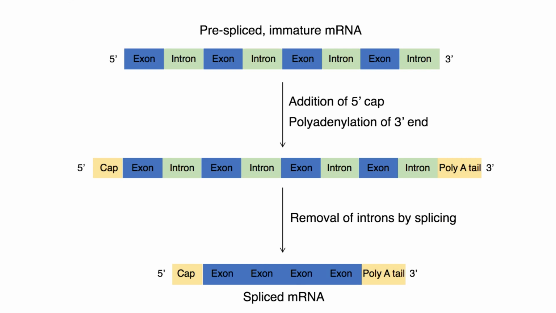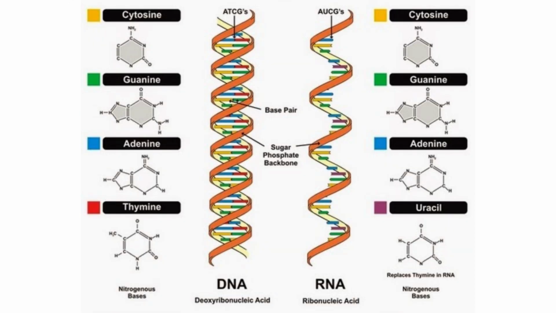In addition to splicing, both ends of the mRNA molecule are processed. The 5' end is capped with a modified guanine nucleotide. At the 3' end, roughly 200 adenine residues are added to form a poly-A tail.